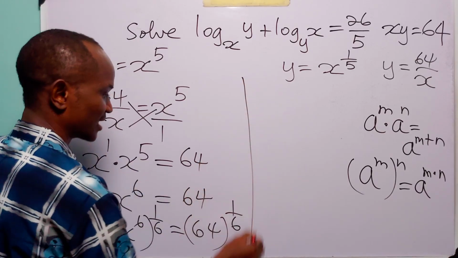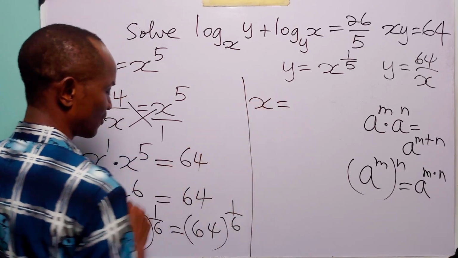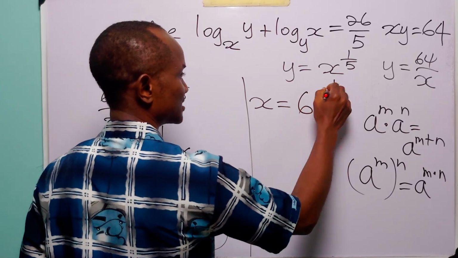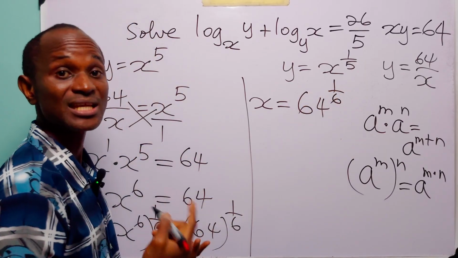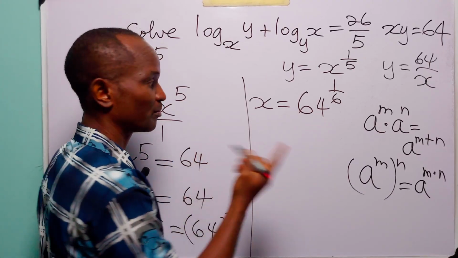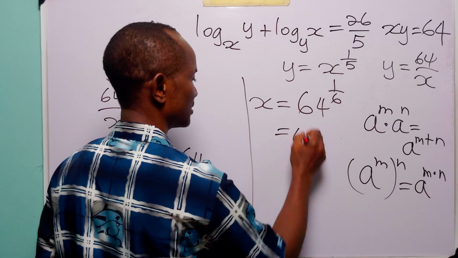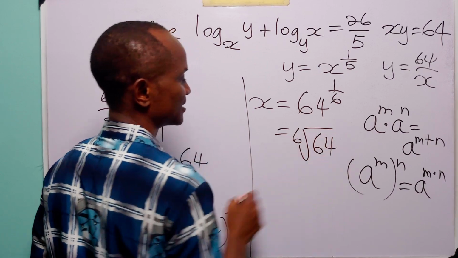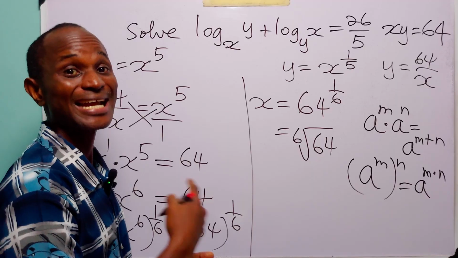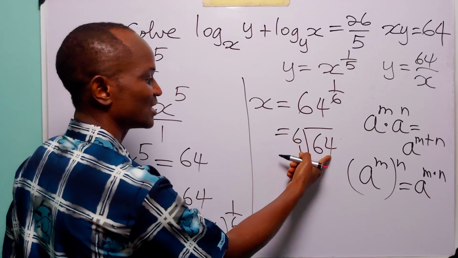So from here, we have that x is equal to the 6th root of 64. If we write this in radical form, it's going to be the 6th root of 64. So the question is now, what are we going to multiply by itself 6 times to give us 64?